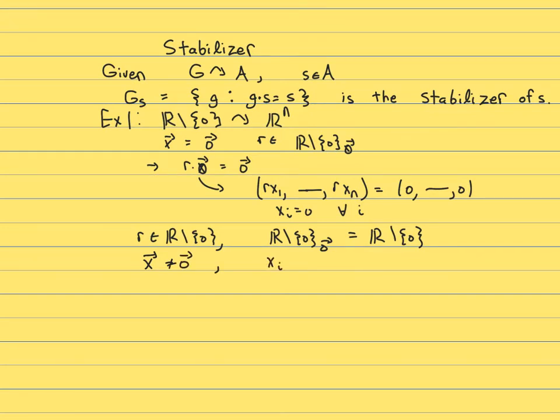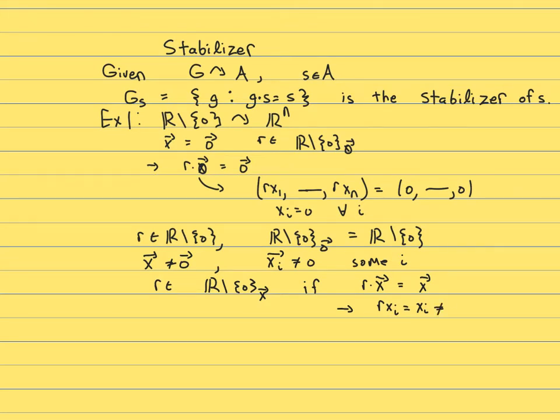Well then xi is not 0 for some i. What would it mean for r to be in the stabilizer now? Well, you need r dot x to be equal to x. In particular, you see that rxi has to be equal to xi.